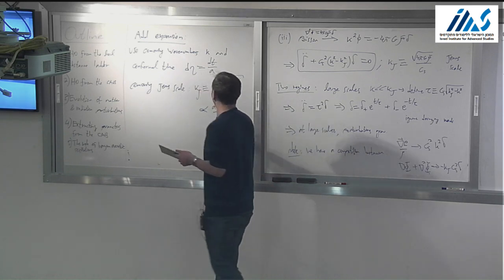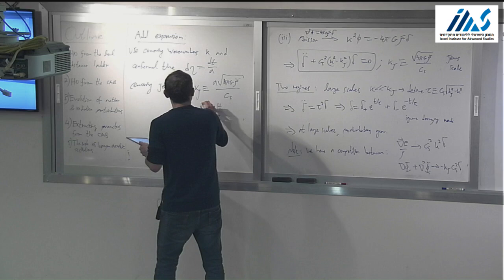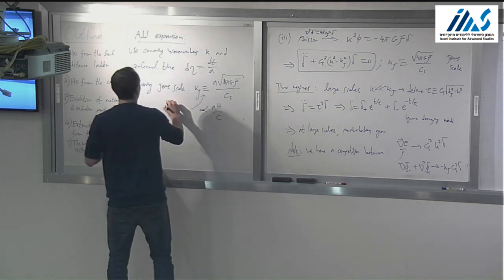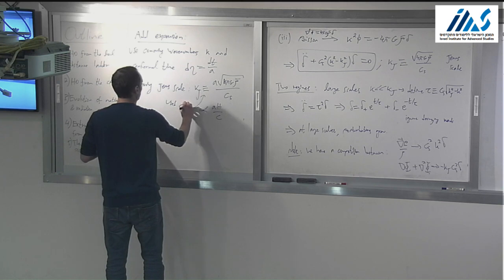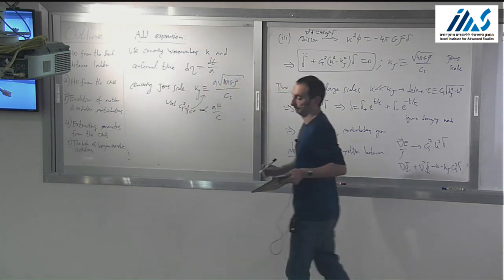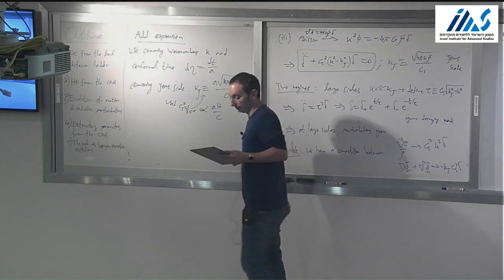I'm going to get back to that a little later, where I used c_s squared equals 1/3 c squared, if we assume that the speed of sound is dominated by the speed in photons.